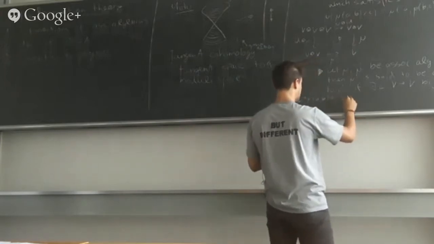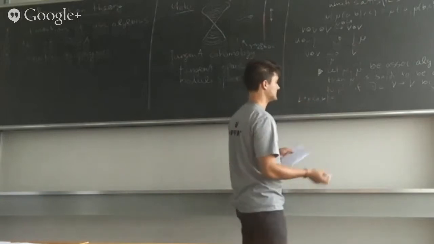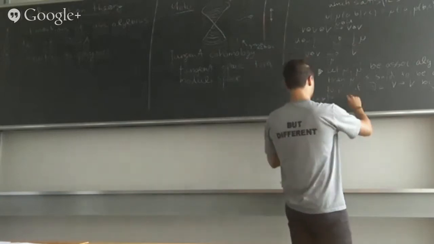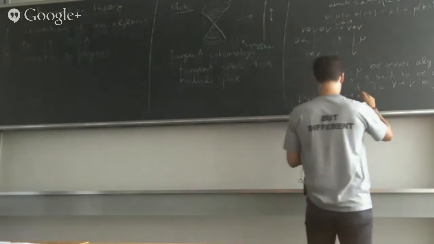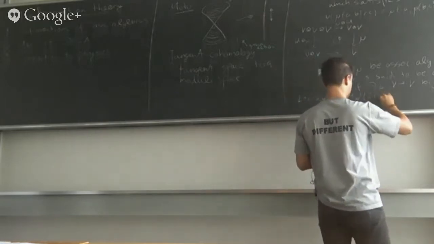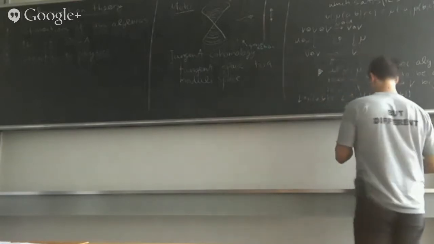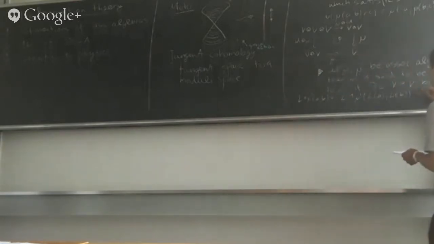That's the definition, that's the action of the group GL(V) on the associative algebra, which is then equal to mu of a, b.